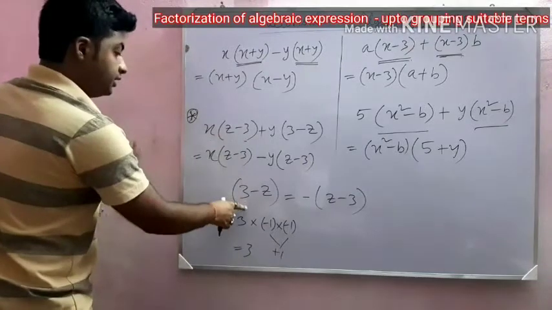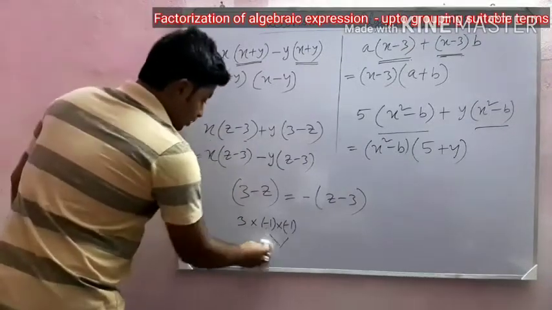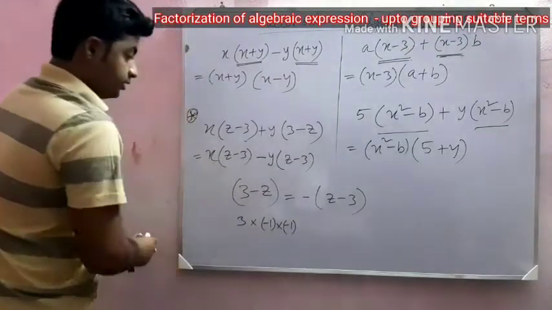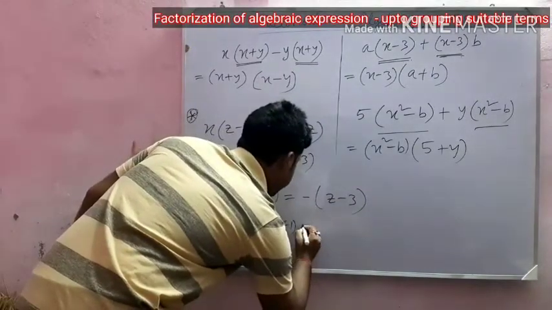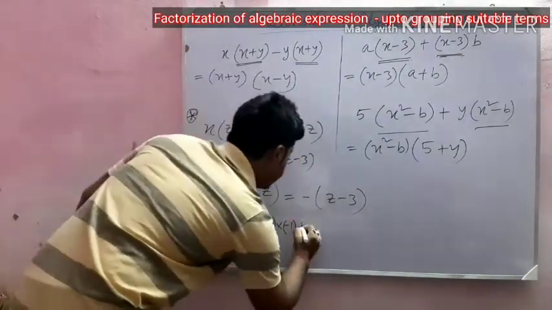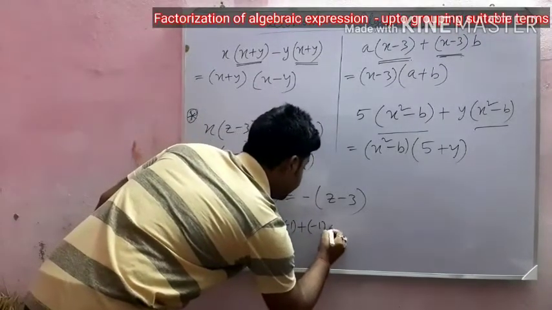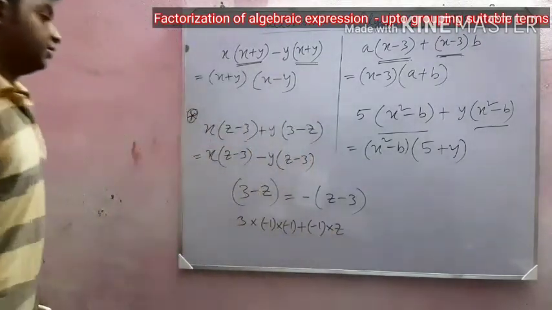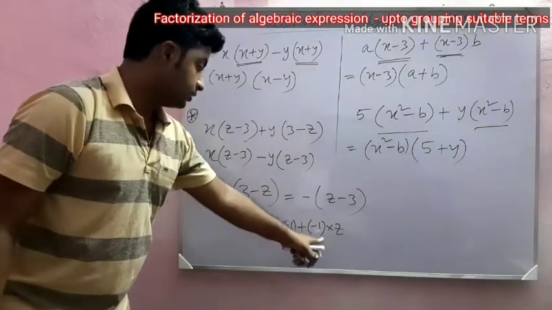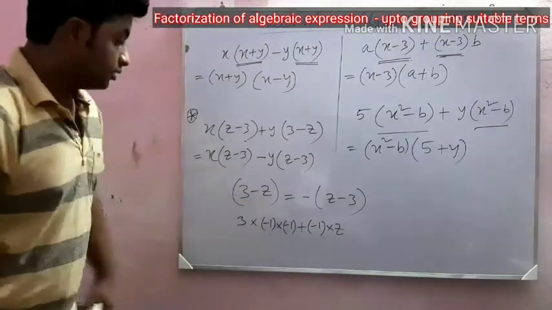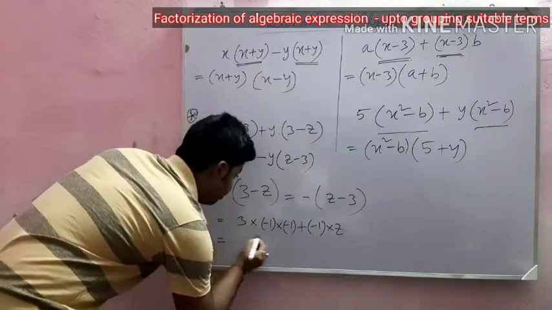So I can write 3 as this. And for z, this is minus 1 into z, plus minus 1 into z. Multiply this one, plus minus minus z. This is minus z.